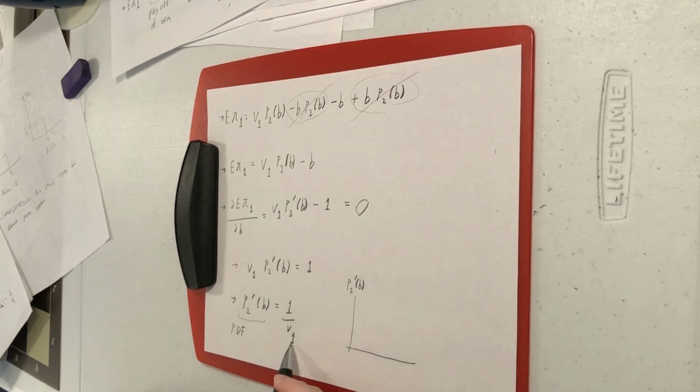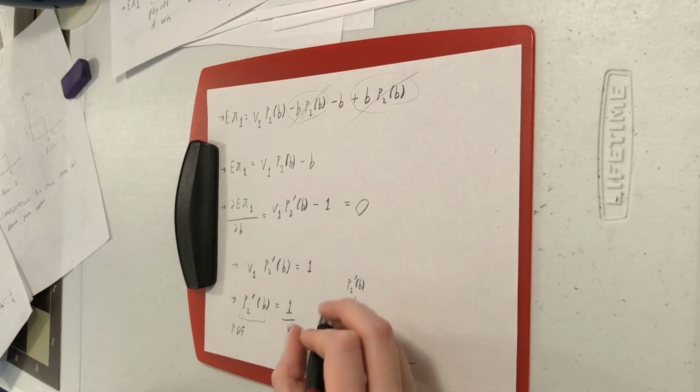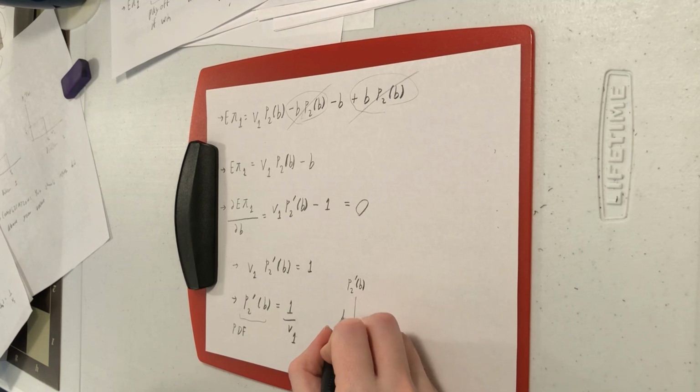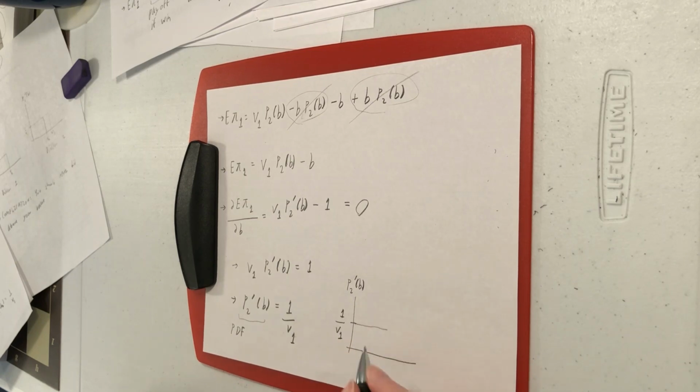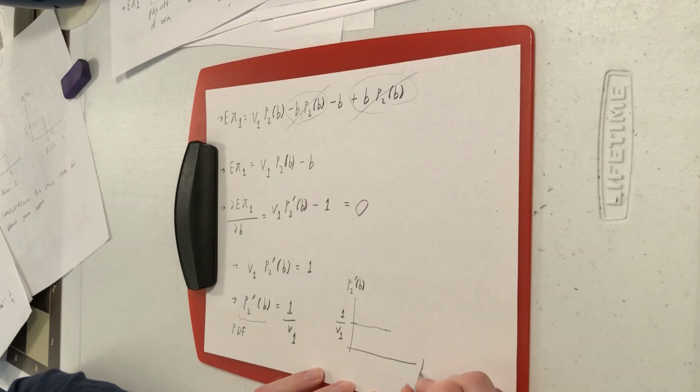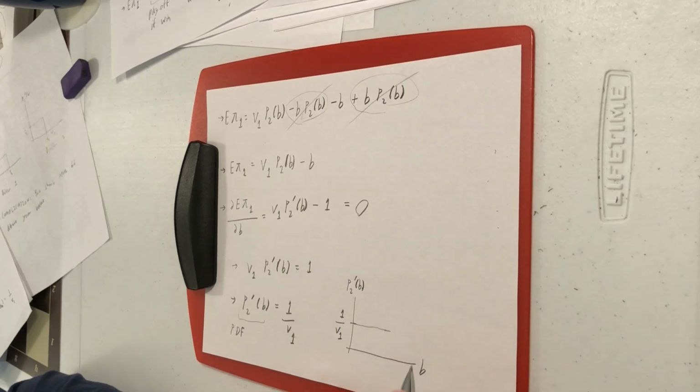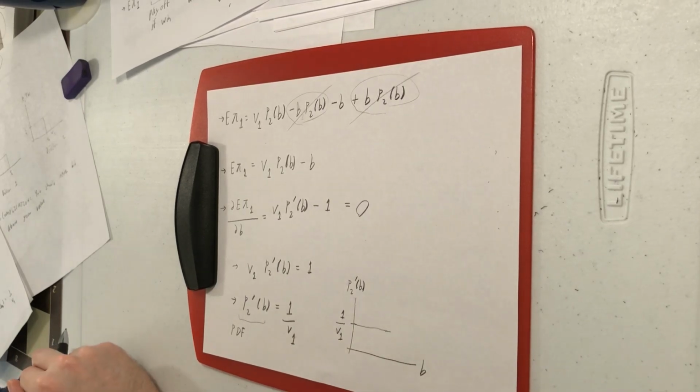So V1 is just a constant, so this has a constant height of 1 over V1. And where is this end? Well, total probability has to be 1.